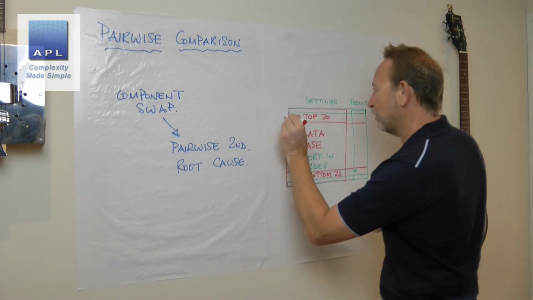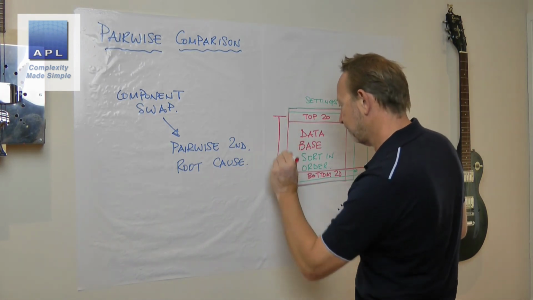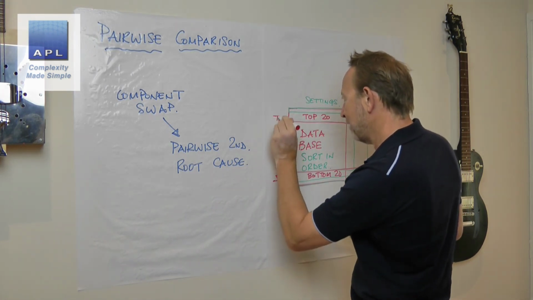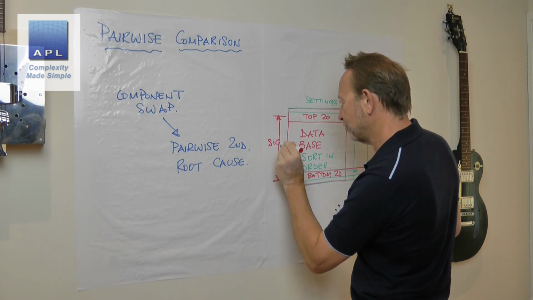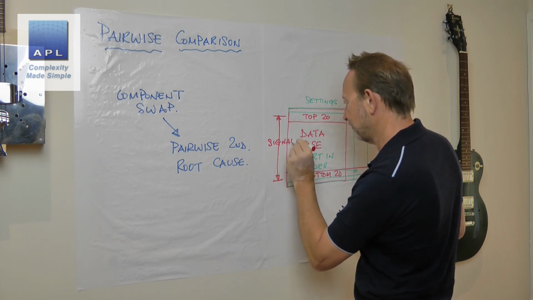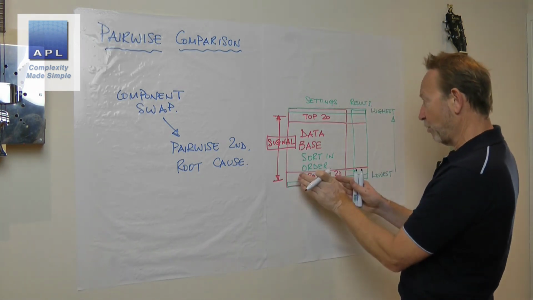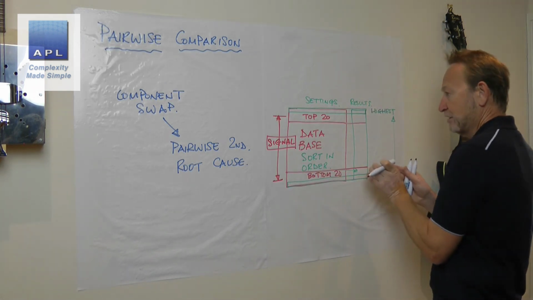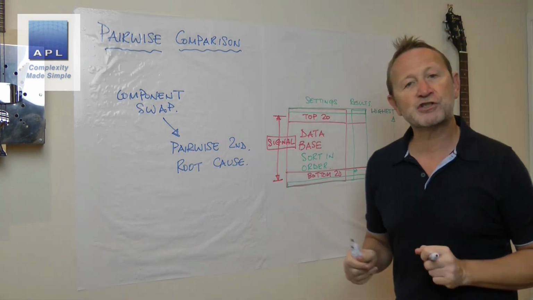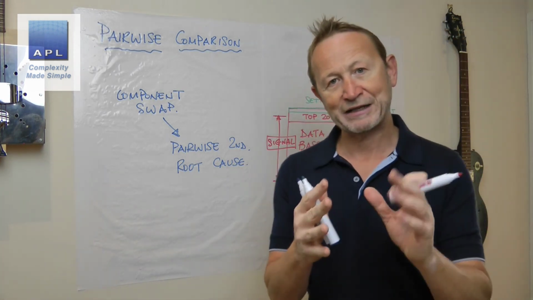Now what are you doing by doing that? Well, you are maximizing the signal in your data. If there's a genuine link between one of these settings and these results, you've just turned the signal up to the maximum.